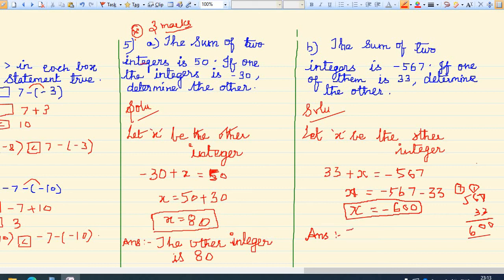Listen, the other integer is minus 600. Can you clear this, children? Thank you, children.